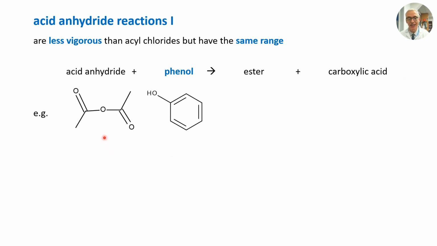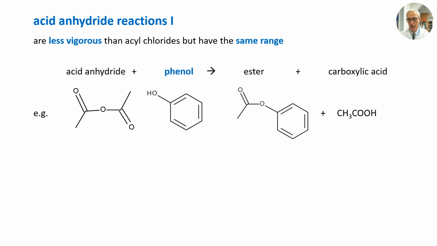So let's take ethanoic anhydride and phenol. Could you draw the displayed structure for the ester and for the carboxylic acid that would form? Come back to check against my chemistry when you are ready. So revealing, here is the carboxylic acid.